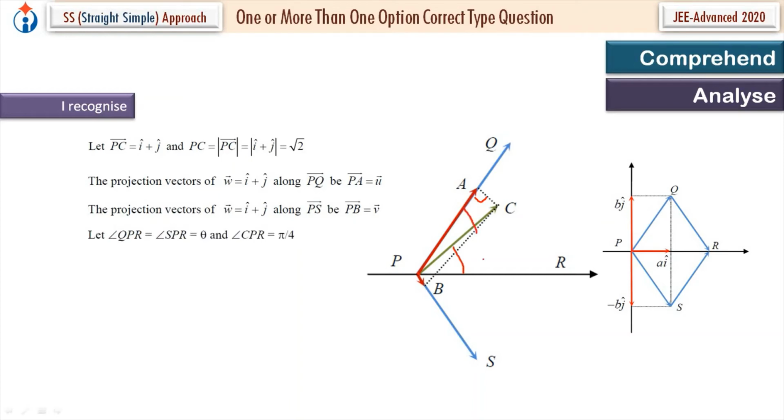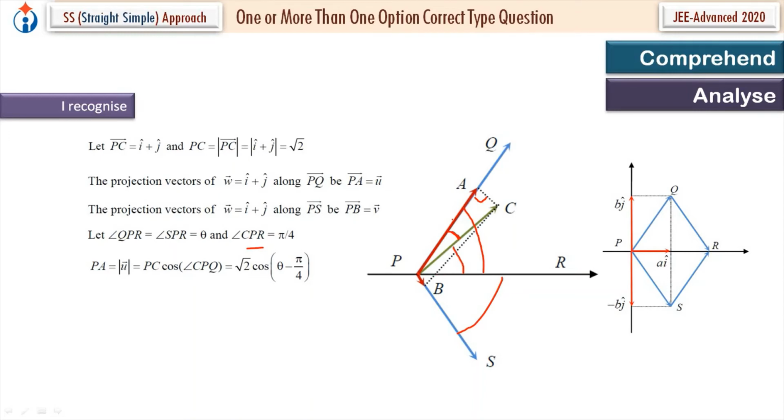Now let's take this angle as theta, so this angle is also theta, and angle CPR is pi by 4. Now PA vector, the magnitude of U vector, is PC cos of angle CPQ. This angle is theta minus pi by 4.